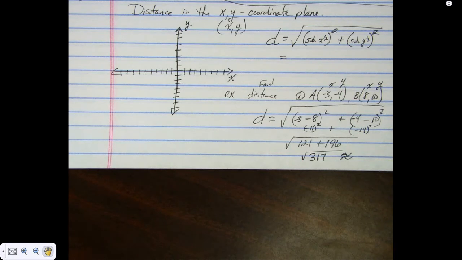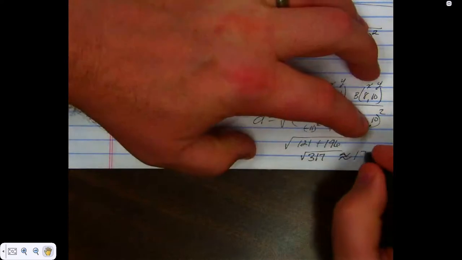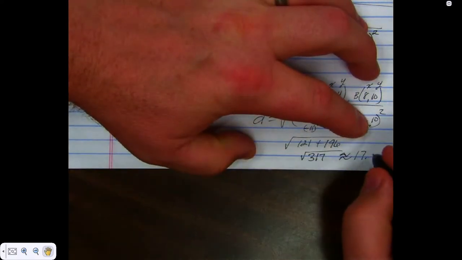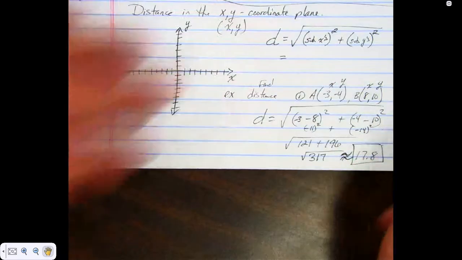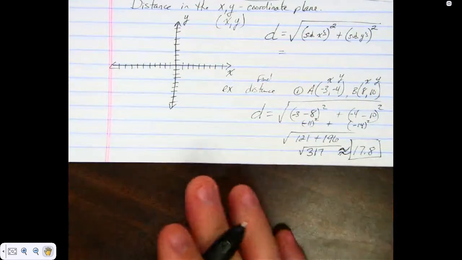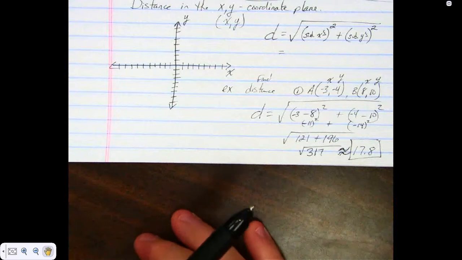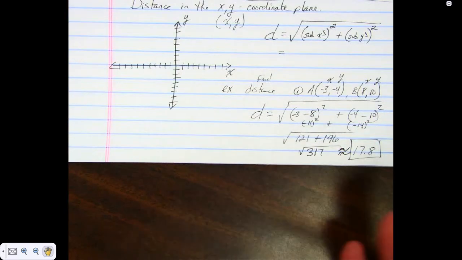Did I have that right? So 17 point 804. Approximately 17.8, that's your distance there. Not so bad, is it? So plug and chug, as long as you know the formula, you know it's there, you solve.